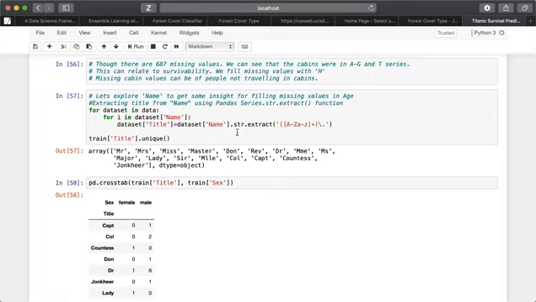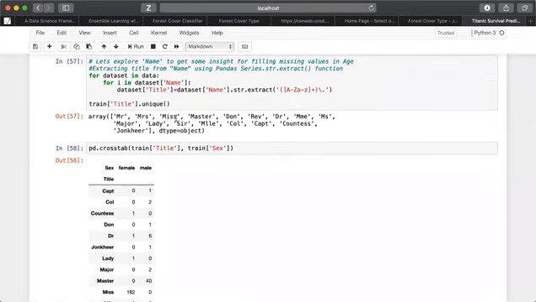So by using this string dot extract, I have taken the title of all the names. In the train, the titles are Mr., Mrs., Miss, Master, Don, Rev, Dr., Mme, Ms, Major, Lady, Sir, Mlle, Colonel, Captain, Countess, and Jonkheer.